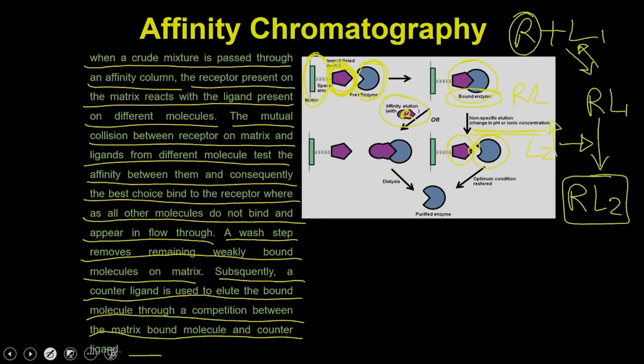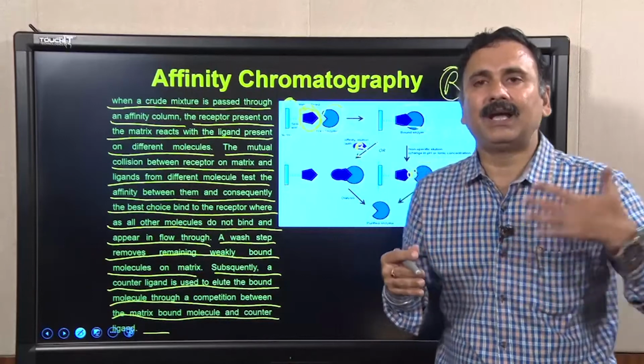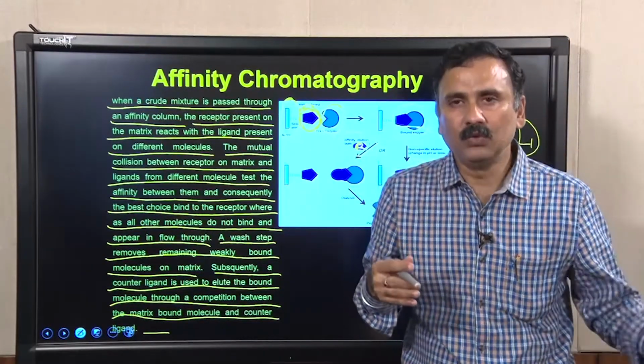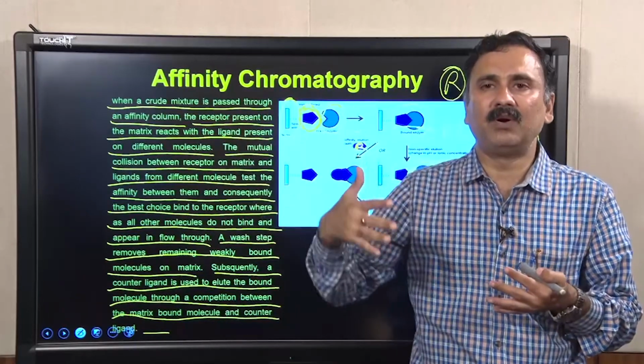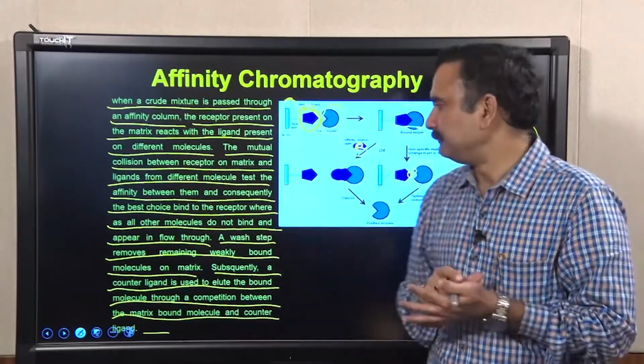If you keep increasing the concentration of L2, the complete RL1 is going to be broken down, and ultimately you will see the formation of RL2 complexes, and it is going to elute the enzyme that was bound to the matrix through the interaction with the ligands.